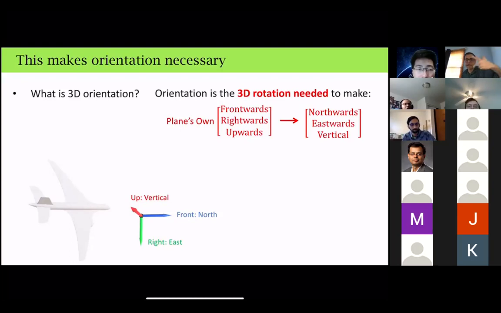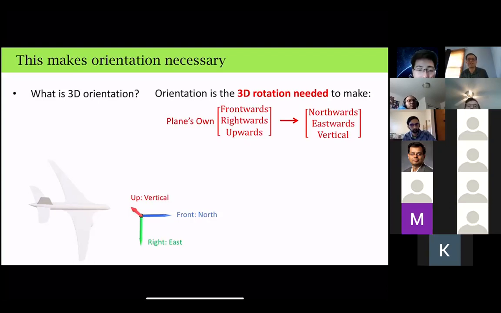Suppose it had to rotate some 45 degrees on some axis. Then can you say the plane's orientation is 45 degrees around that axis? Because whatever the plane is really pointing to, if you give that rotation to that plane, it will align with the northeast global reference frame, which is northeastern sky.